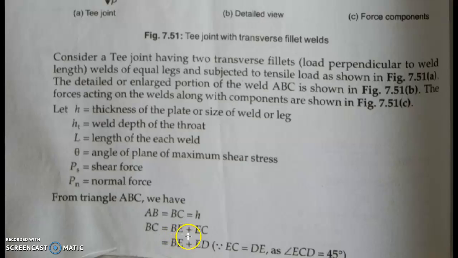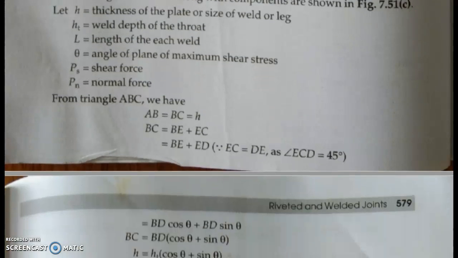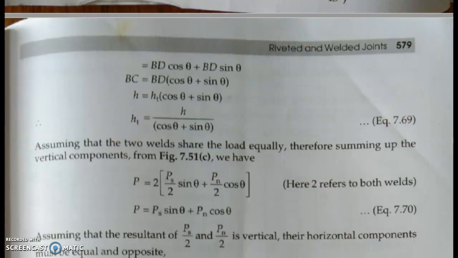or BC is equal to BE plus EC. What is BE and what is EC? From the triangle we can convert these values into BD sin theta plus BD cos theta.